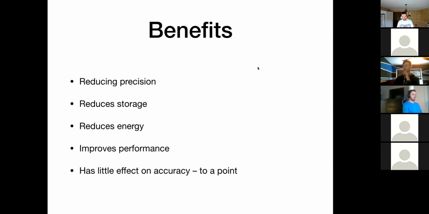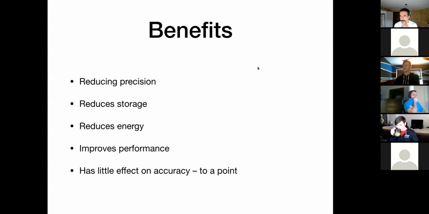So the benefit that we get out of this reduced precision, and by reduced precision, I mean there's a specific representation that you have for these digits, right? The default is using floating point numbers, floating point variables like 64.